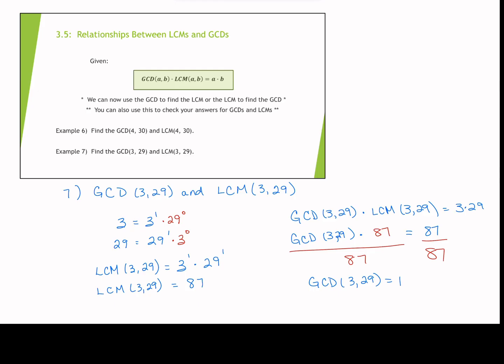Now think about factors of 3 and factors of 29. Factors of 3 are 1 and 3. Factors of 29 are 1 and 29. So the largest factor common to both lists must be 1. But again, we were able to use the formula to figure that out as well.